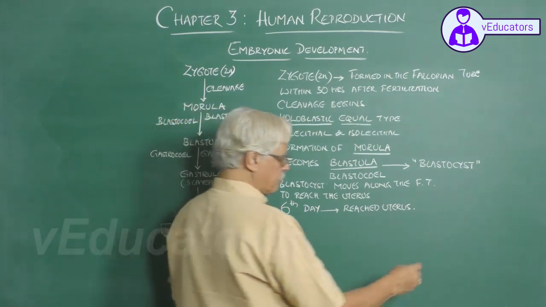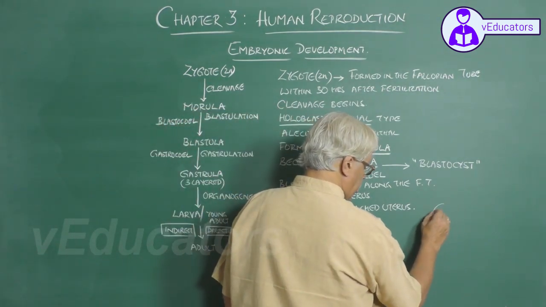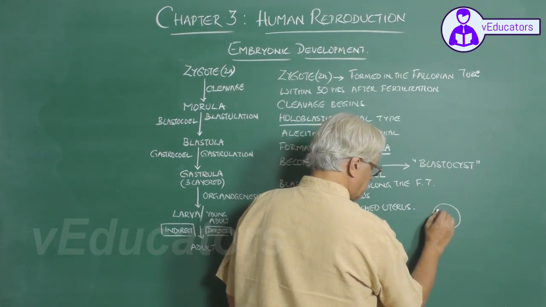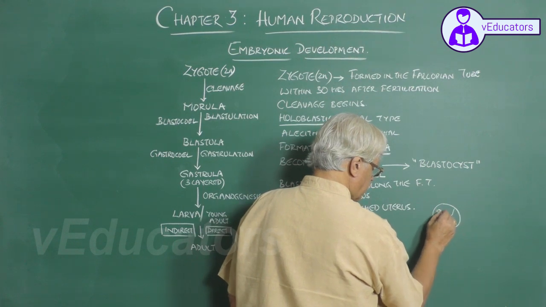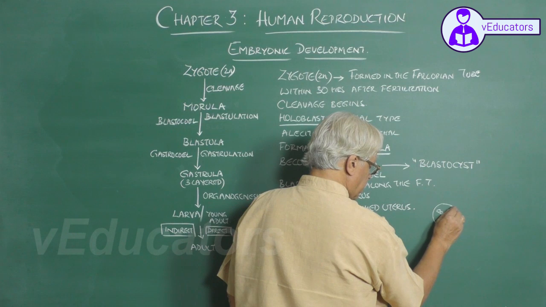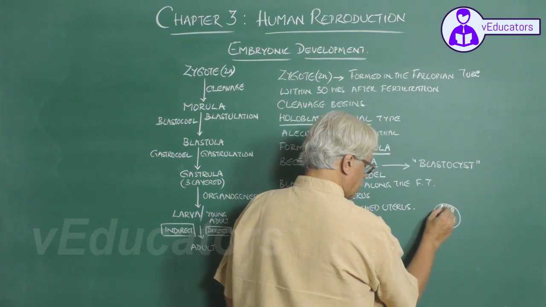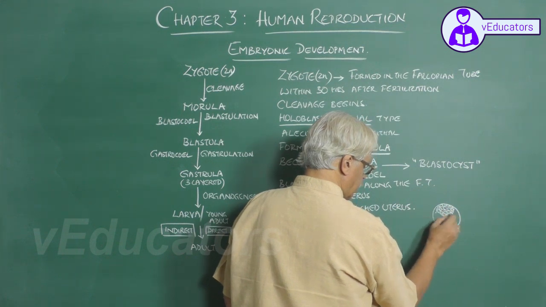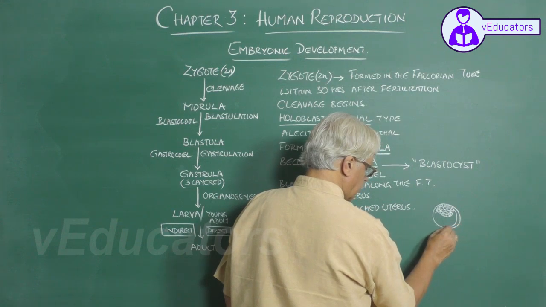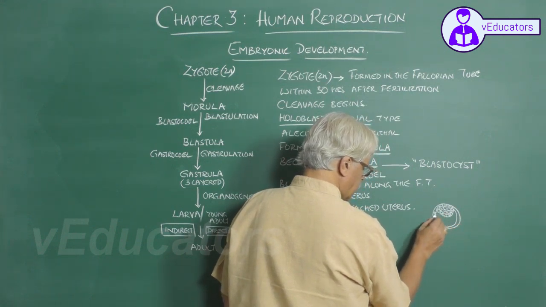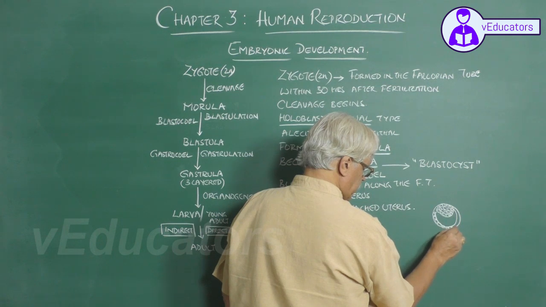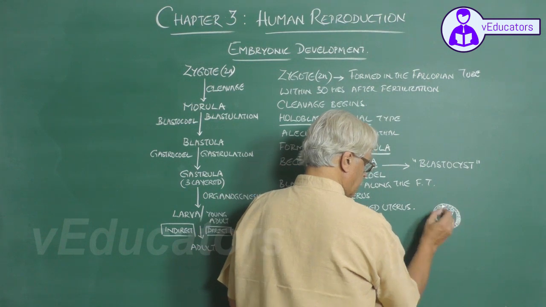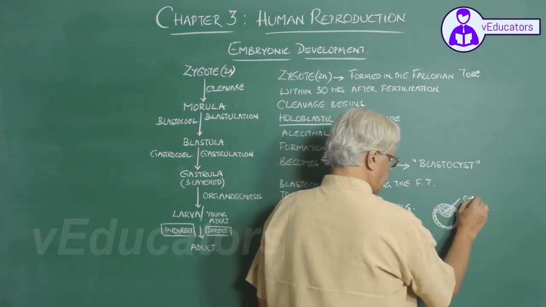At this stage, if you look at the blastocyst, it will have a knob of embryonic cells at one end, that is called embryoblast.